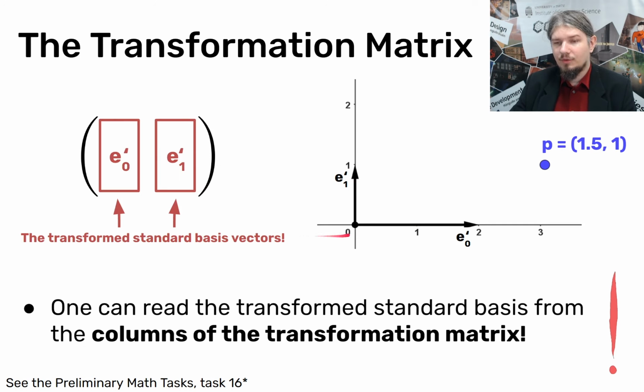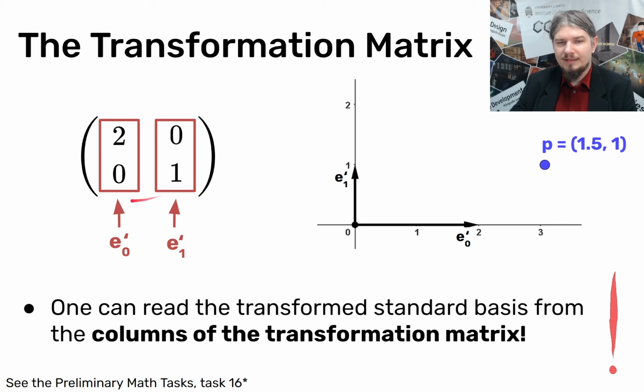Now if we try to come up with a matrix that does this transformation, then the columns of that matrix will be the transformed basis vectors. So the first column here will be the transformed first basis vector, and the second column here will be the transformed second basis vector.